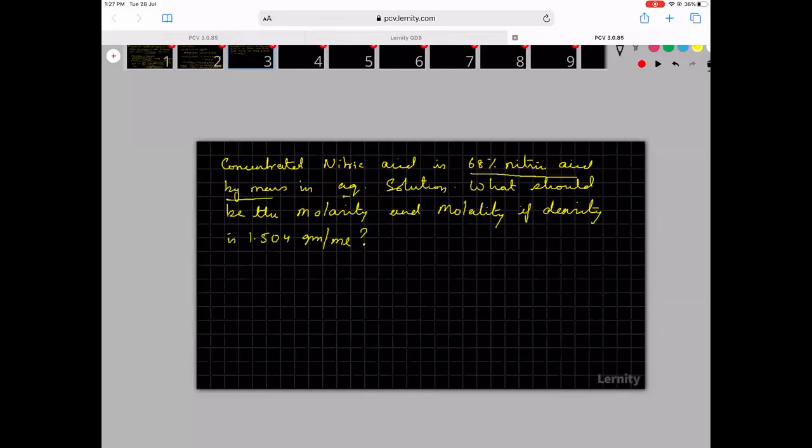What should be the molarity and molality if density is 1.504 grams per milliliter?